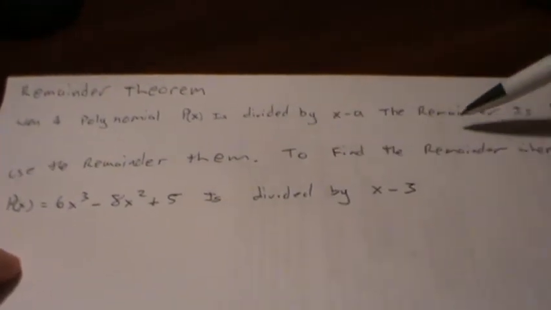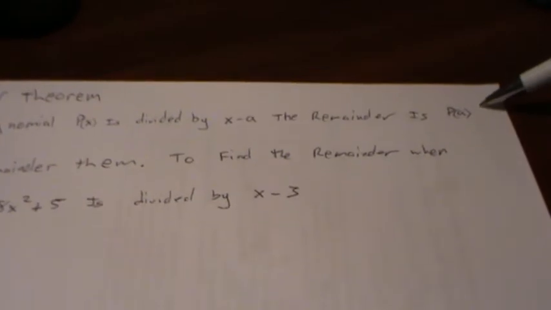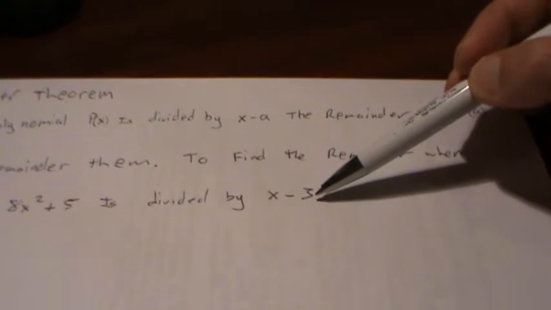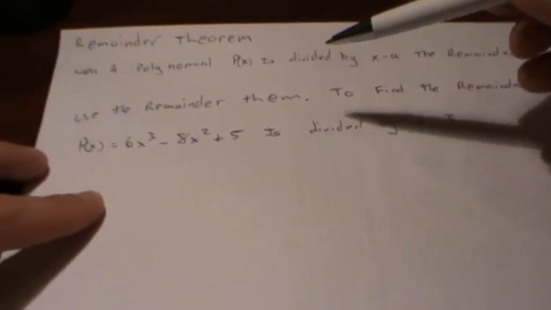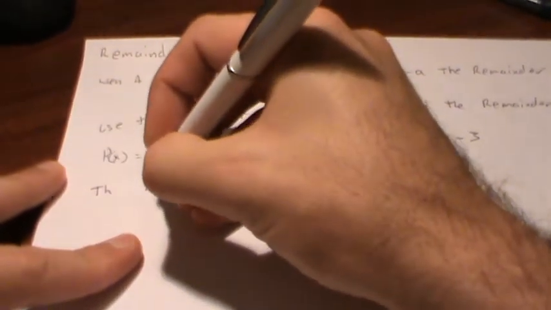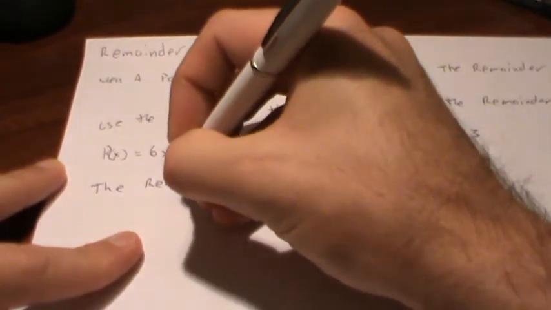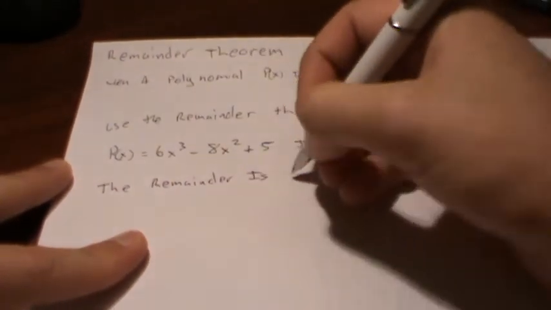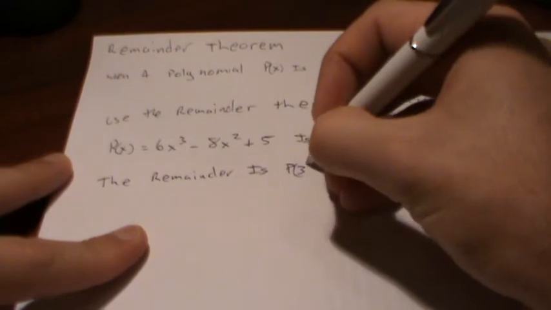That means the remainder is actually just equal to p of a, and a in this case happens to be 3. So I can say real quickly and easily the remainder is p of 3.